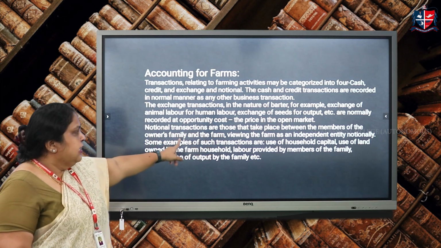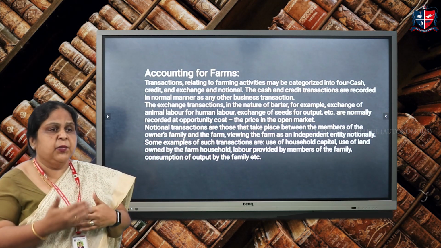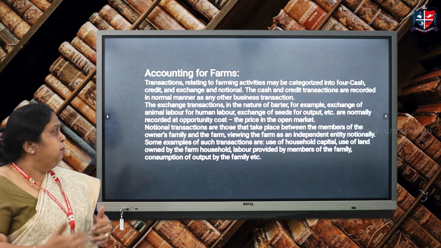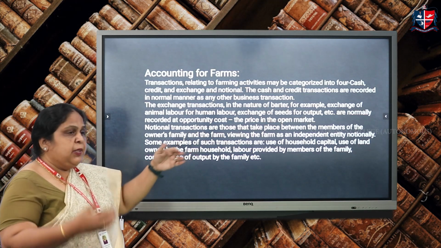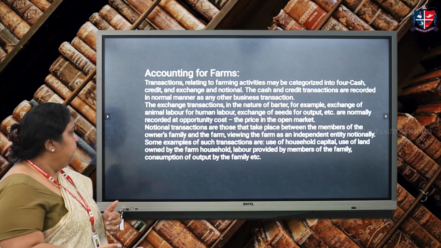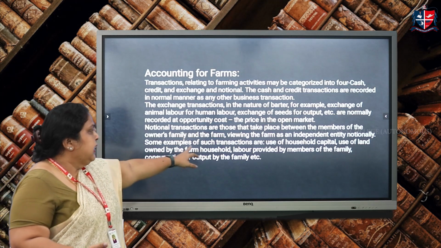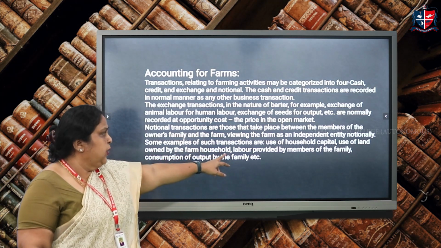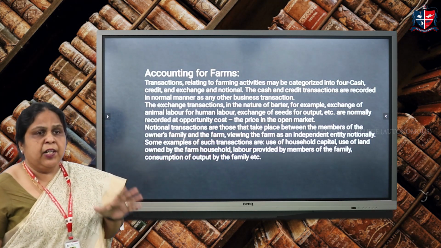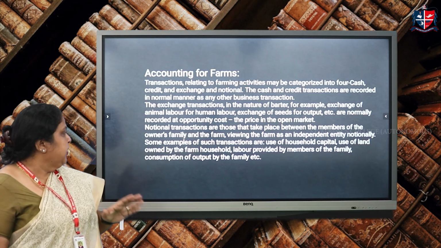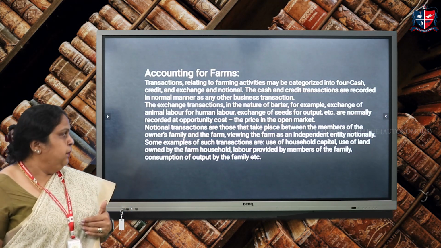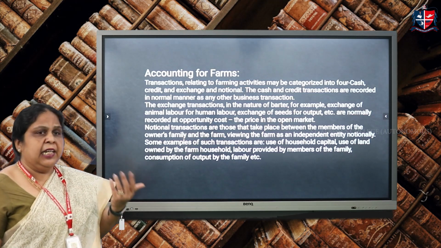Then notional transactions are those transactions which take place between the members of the family. That is between the owner and the farm. Okay, so what are the examples of notional transactions if you ask me? It is the use of household capital, use of land held by the farm, and also labor.